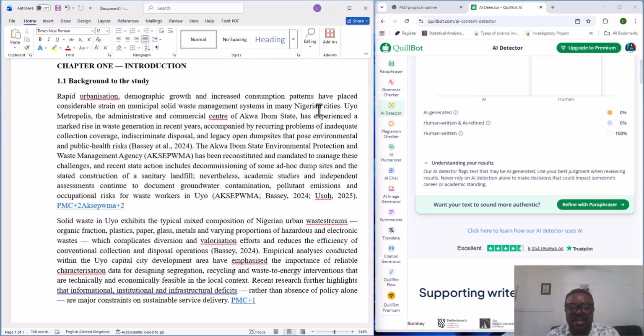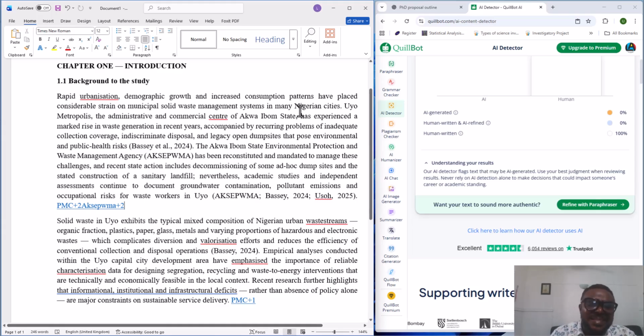So if it has a note of finality, what it means is that that sentence should be cited. Who told you that rapid urbanization, demographic growth, and increased consumption patterns have placed considerable strain on municipal solid waste management system? You get the point. So if you just leave it like this, it is not justifiable.